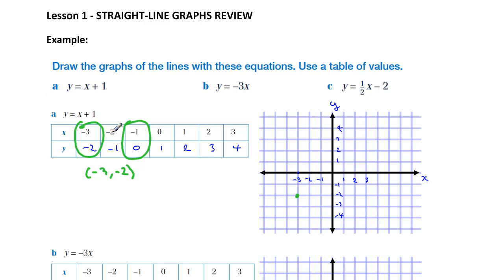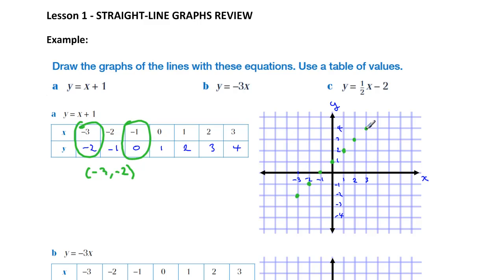And we keep going. The next one is -2 and -1, -1 and 0, 0 and 1, 1 and 2, 2 and 3, and 3 and 4.